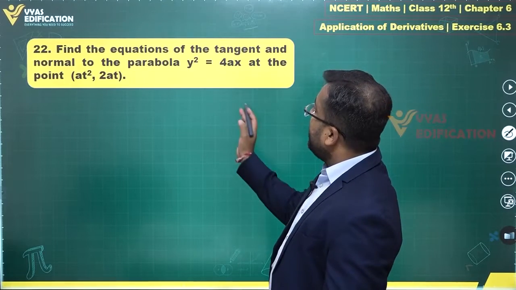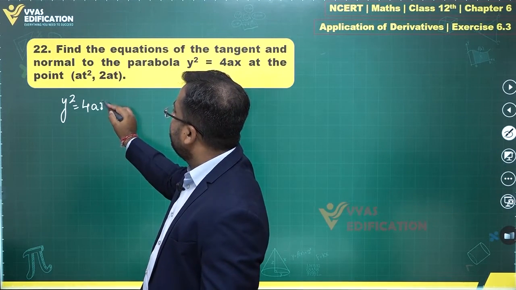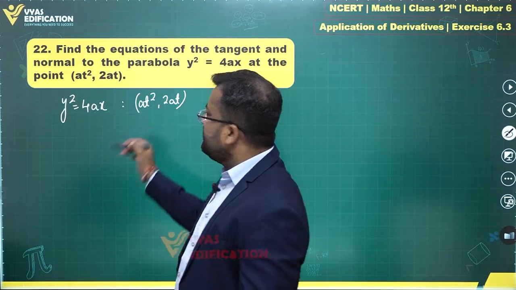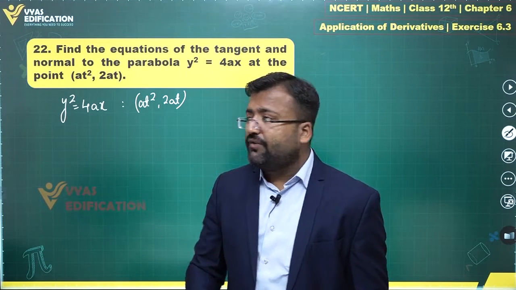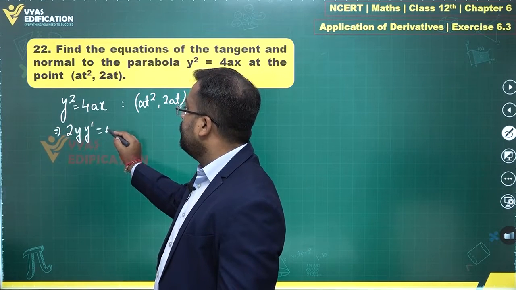So find the equations of tangent and normal to this. We begin with y² = 4ax, and the point is (at², 2at). The first thing that I'm going to do is find the slope of tangent by differentiating. 2y y′ = 4a.